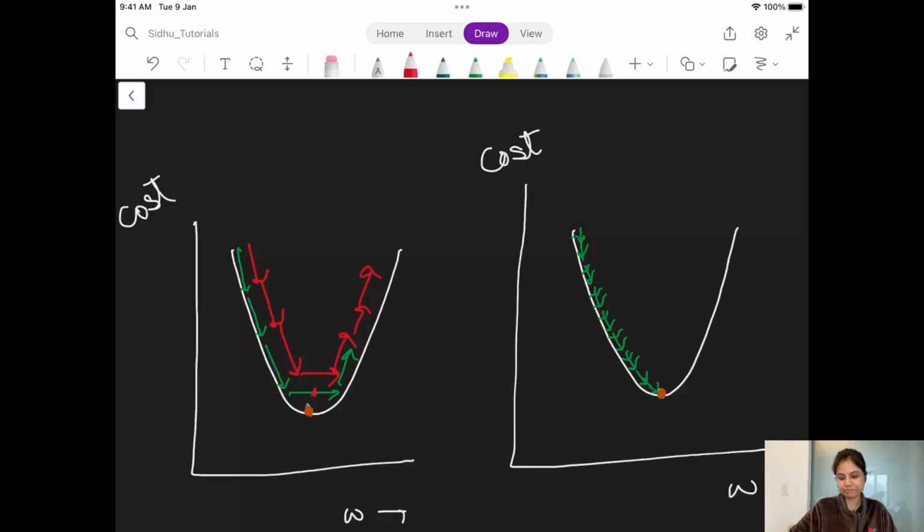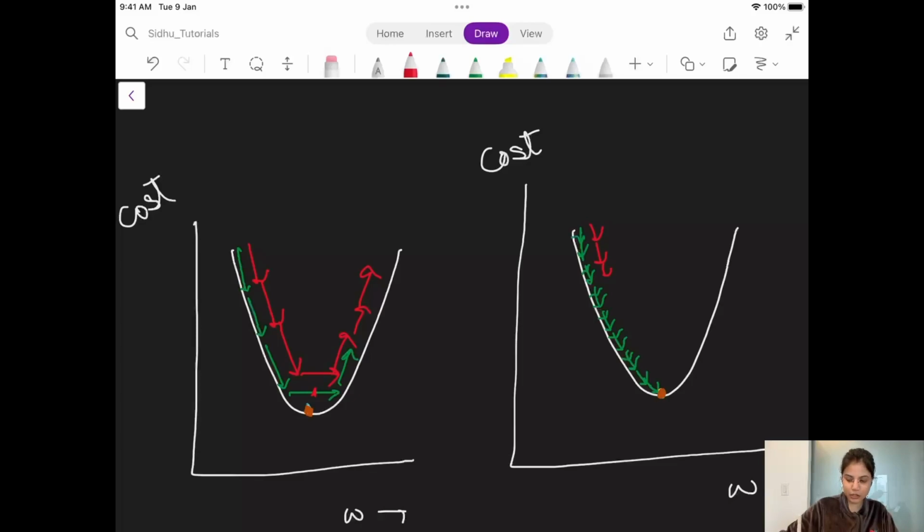And what happens when we take very small steps? It will take a lot of time to reach the minimum point. That's why we use the learning rate, because by passing the value of the learning rate, we define where to take the larger steps and where to take the smaller steps.